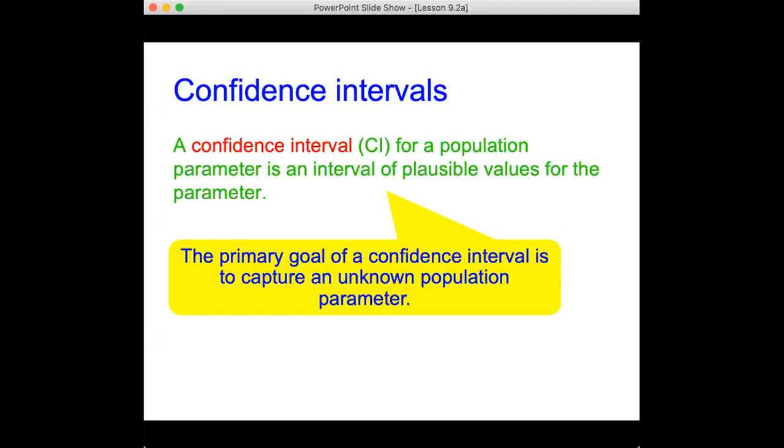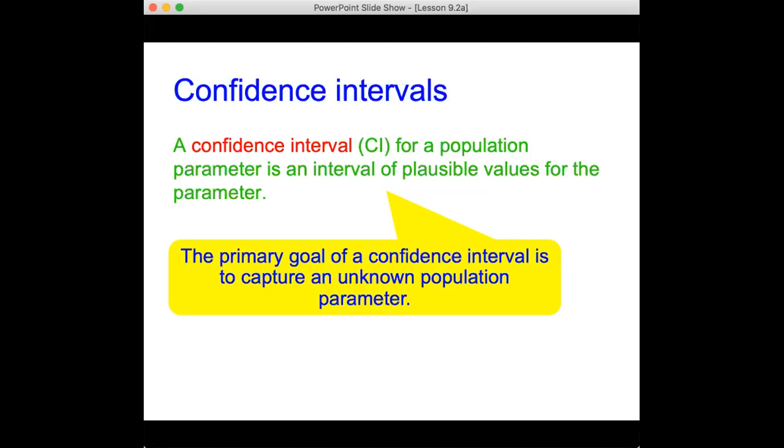A confidence interval, I don't know why I have parentheses CI, I never use that. But a confidence interval for a population parameter, like the population proportion of registered voters that we were trying to find, is an interval of plausible values for that parameter, right?